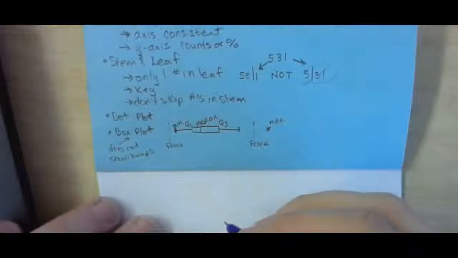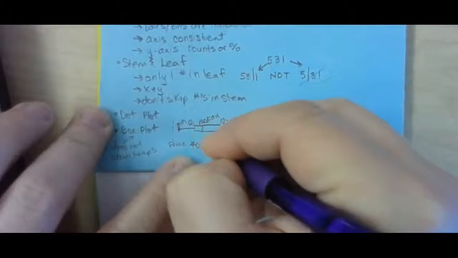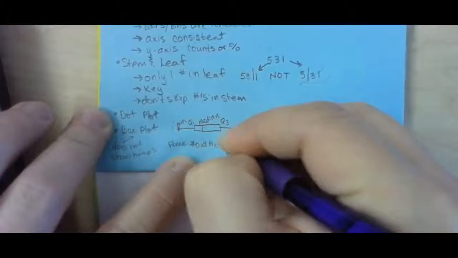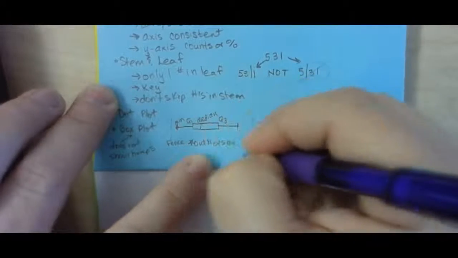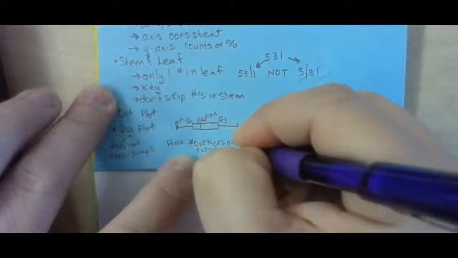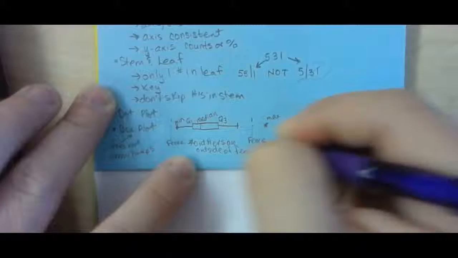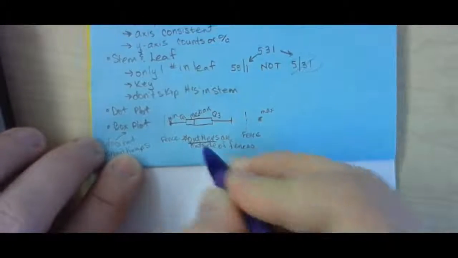And then, so we need to write some stuff. Outliers. I wrote a little too big on this one. Outliers are outside of fences. That's how you can officially tell if something's an outlier, if it's outside of the fence.